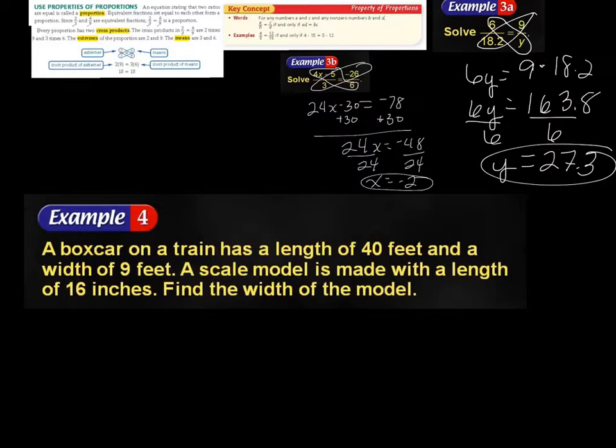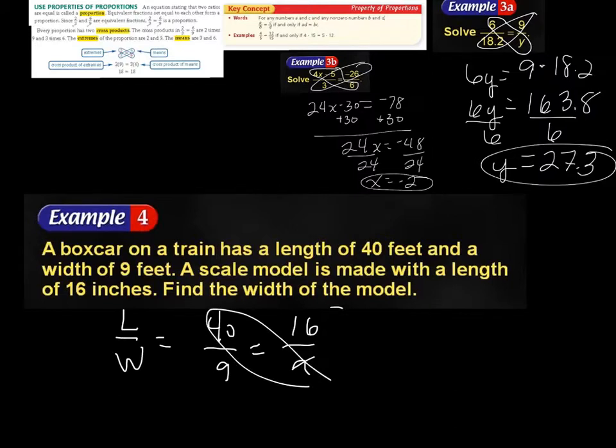A boxcar on a train has a length of 40 feet and a width of 9 feet. A scale model is made with a length of 16 inches. Find the width of the model. Okay, we can make a proportion to solve that. We're going to set up length to width. You could set up width to length, it doesn't matter. So I'm going to put 40 is to 9 as, that was in my actual, and then length in the model was 16, and then we're trying to find the width.